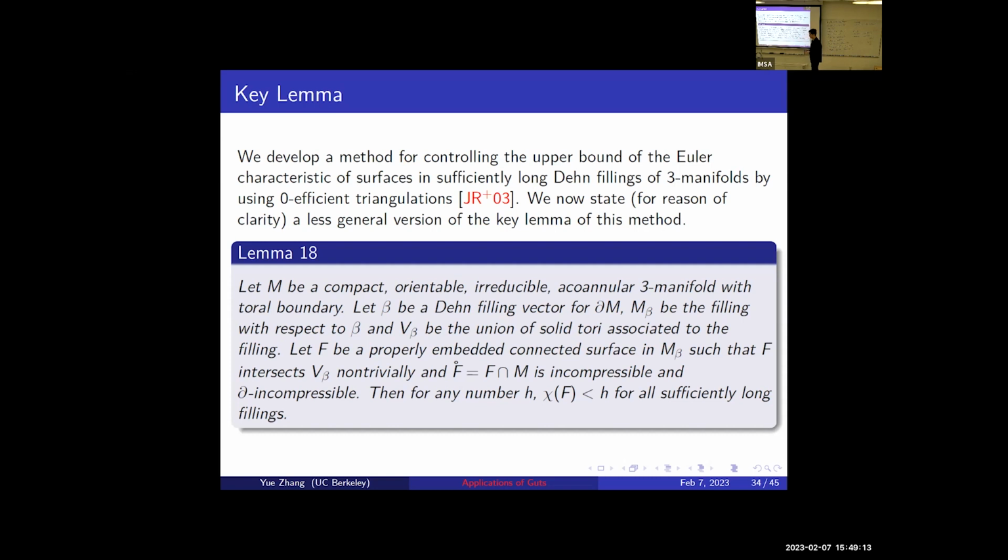It goes from minus infinity to 2. So H is negative, mostly. If you say 3, then it will be true for any surface. Yeah, if this is 3, then it's true for every surface. But for example, if it's negative 100, it's still true for all sufficiently long fillings.